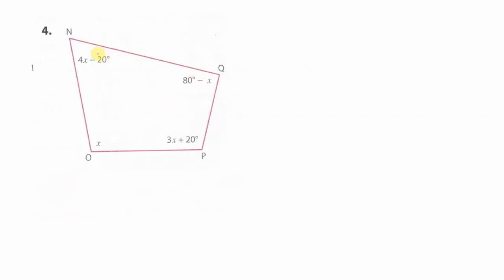Let's look at another one, number 4. So again we have 4 angles, we have x's and numbers, so we only have one unknown value that we can easily solve with one equation. We know the angles, if we add them up for a quadrilateral, it equals 360 degrees.